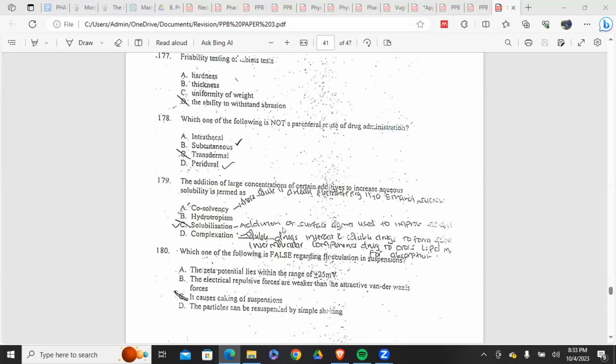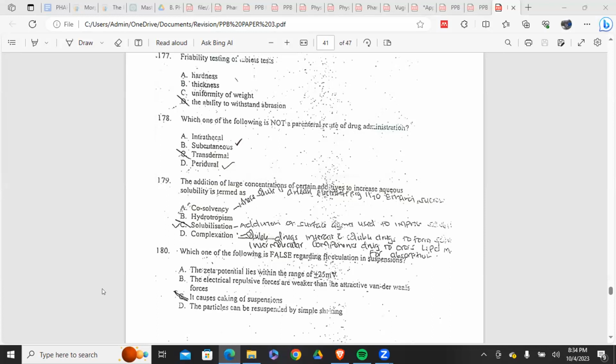So solubilization from Google: increase in solubility of a poorly water soluble substance. The question is the addition of large concentration of certain additives. An additive could also include surfactants. So to increase aqueous solubility, it's definitely solubilization.